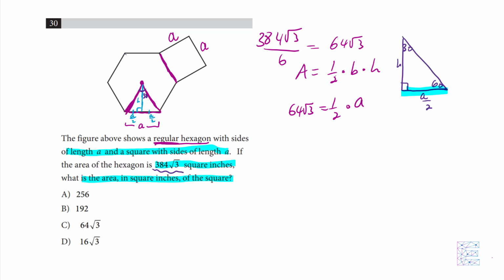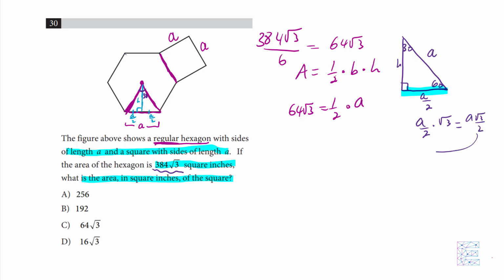So A over 2 times 2 gives us the hypotenuse of A. Well, we don't need the hypotenuse this time, but I'm just letting you know. What we actually need is this height right here. So the rule says, if you're given the short leg, once again, A over 2, to find the long leg, which is adjacent to the 30-degree angle, you always say the short leg times the square root of 3. So we know that the height, in our case, is going to be A root 3 over 2.